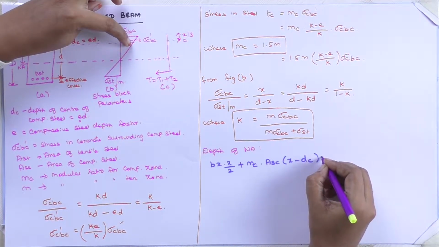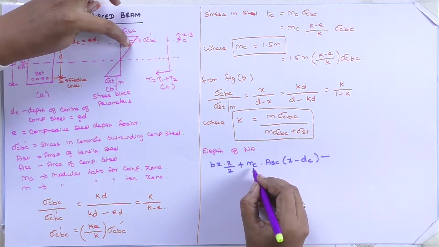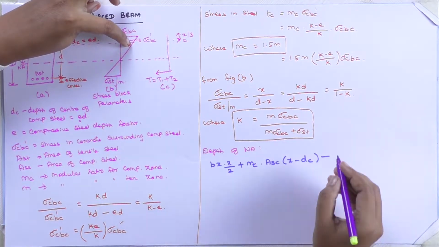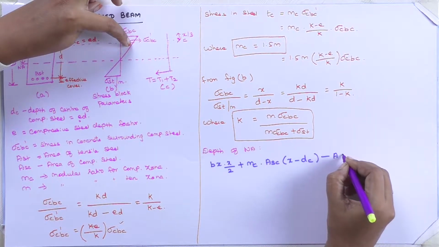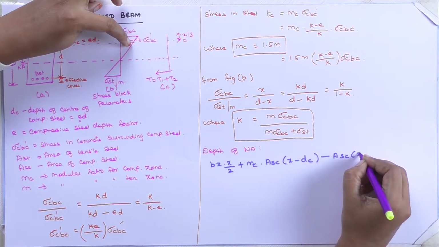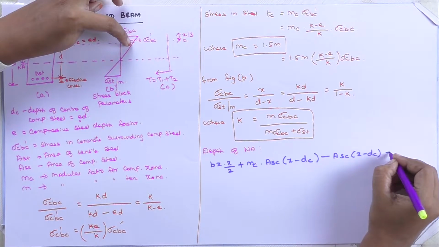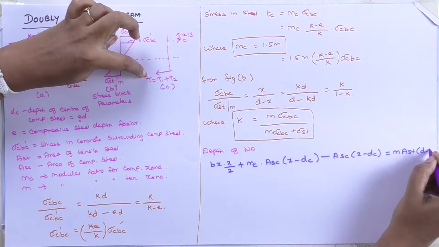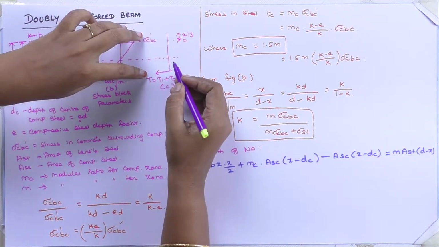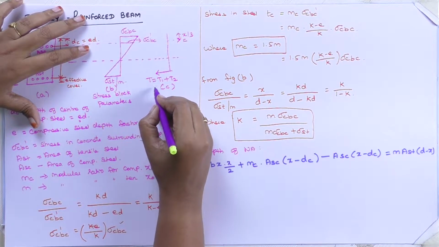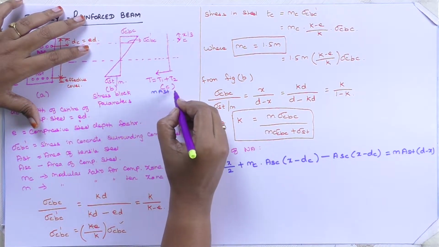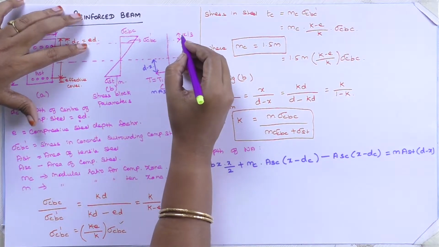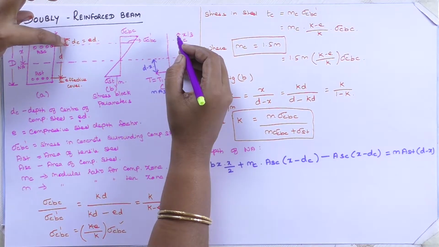Okay, this is the modular ratio of concrete in the compression zone. Minus asc into x minus dc, that is equated to m times ast into d minus x. That is the formula for the tension zone: m times ast into d minus x. This value is x minus dc.